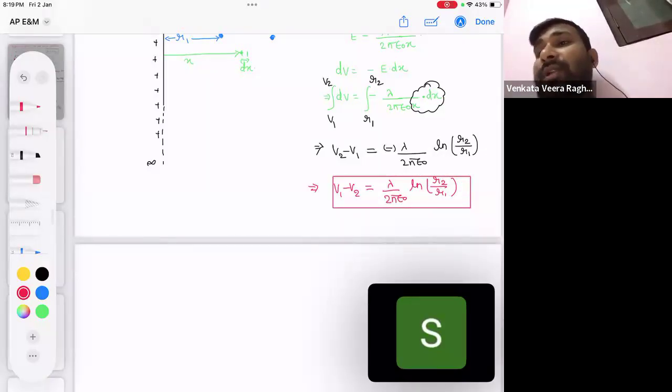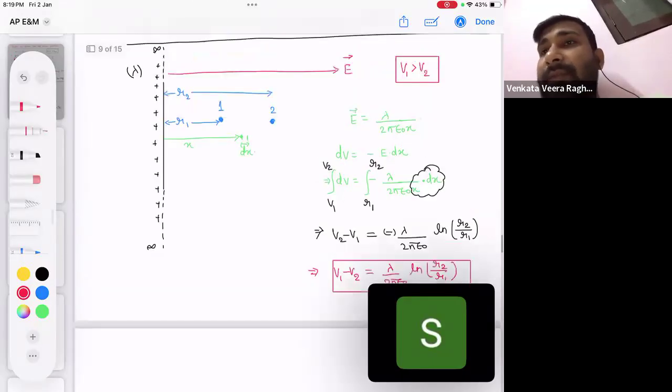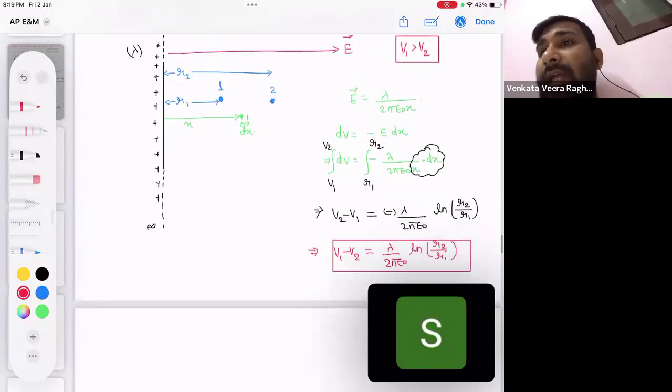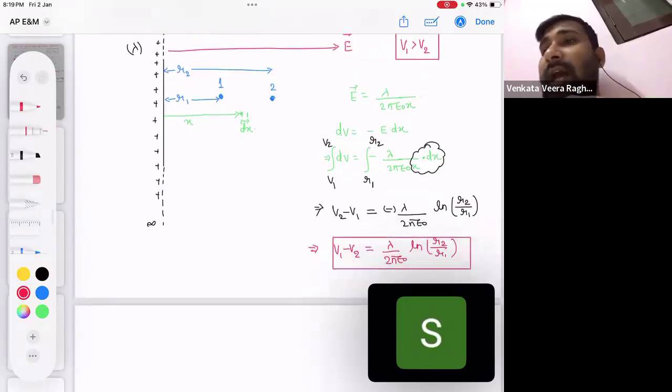Is that clear? So the potential difference between the two points 1 and 2, at perpendicular distances R1 and R2 from the wire, will be lambda by 2 pi epsilon naught ln R2 by R1.